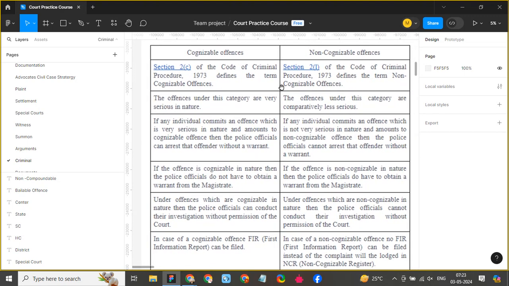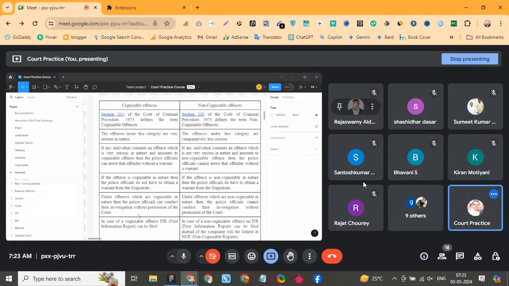for point number 2 regarding cognizable and non-cognizable offense. Cognizable and non-cognizable offense depends on what kind of situation is available in the complaint.